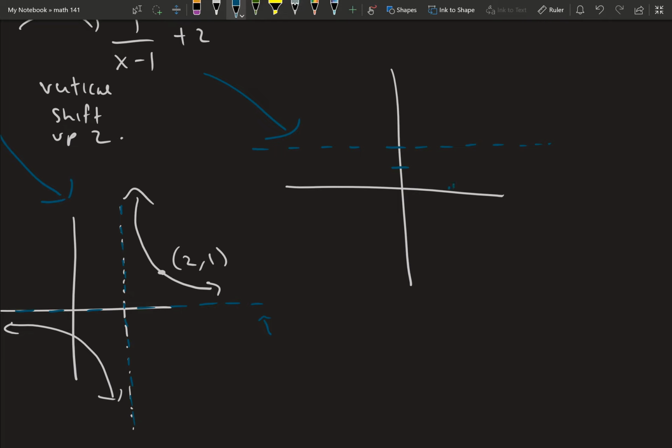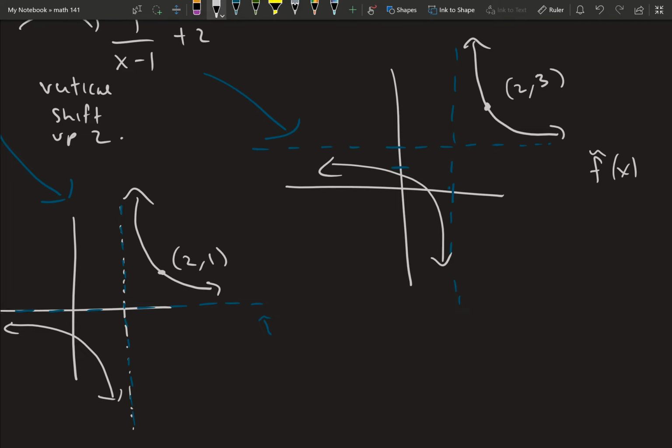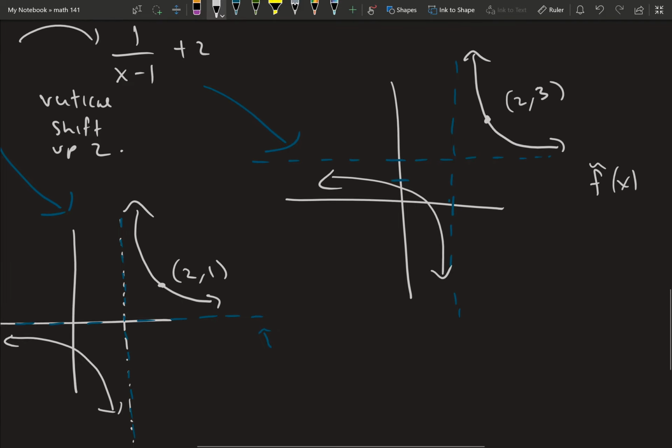So our vertical asymptote stays at x equals 1. Okay, so those are our asymptotes, and now we draw our graph. And now we label this point 2, 1. It went up by 2, so this is the point now 2, 3. Okay, so this is our final graph of f tilde of x, which was 1 over x minus 1 plus 2.